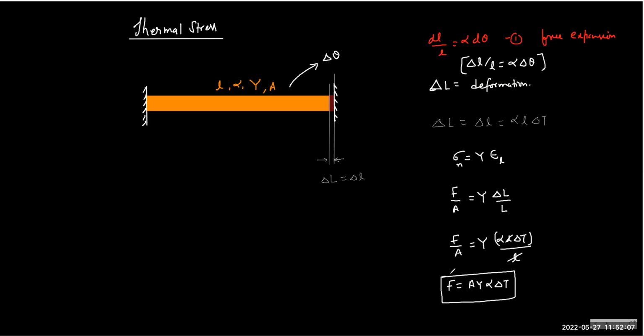If temperature rises, then it will try to expand and will release the tension. So this is a simple concept of thermal stress. You expand thermally, and then you prevent the compression, and therefore you create the stress. I hope this is clear.